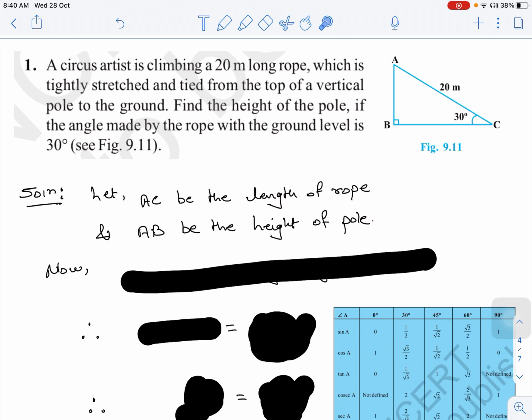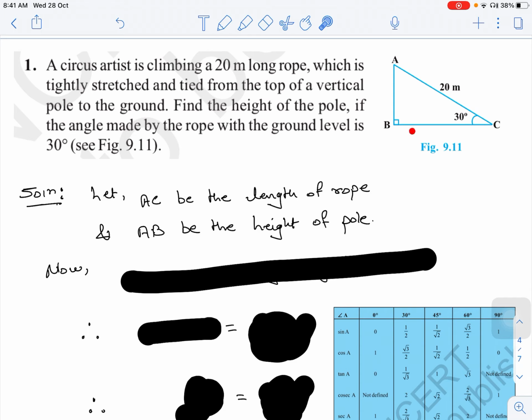First we have to mention what we have considered. Let AC be the length of the rope, as can be seen in the figure, and AB be the height of the pole. Now, triangle ABC: since the pole is present over here, it will make an angle of 90 degrees with the ground level. It means that they are perpendicular to each other.